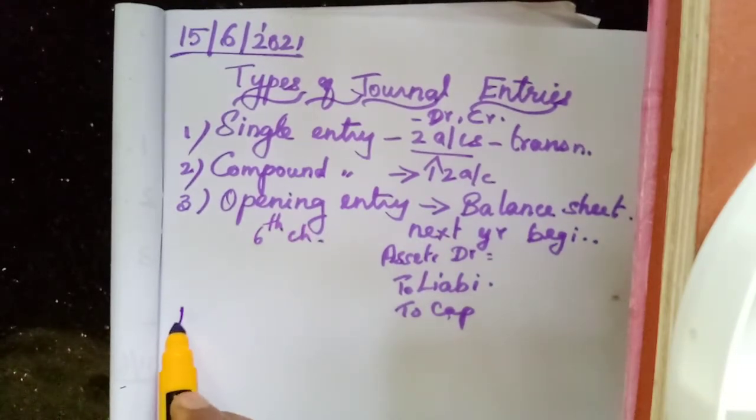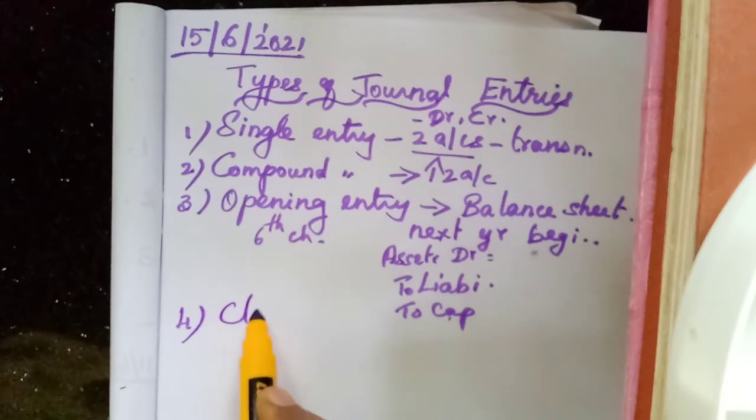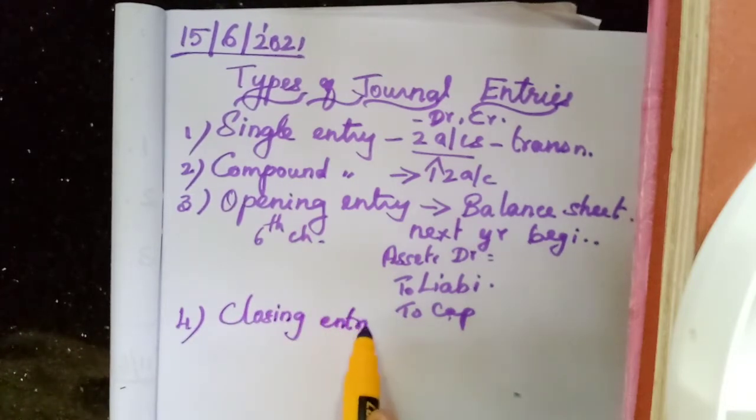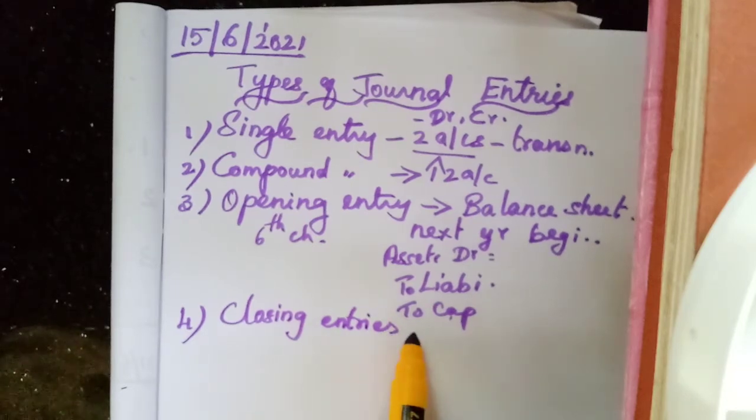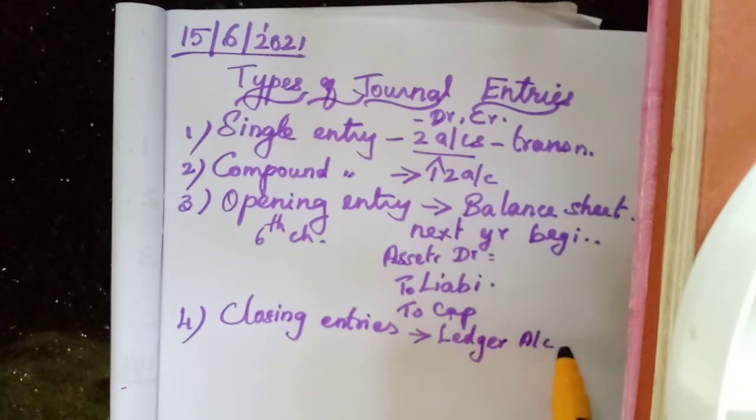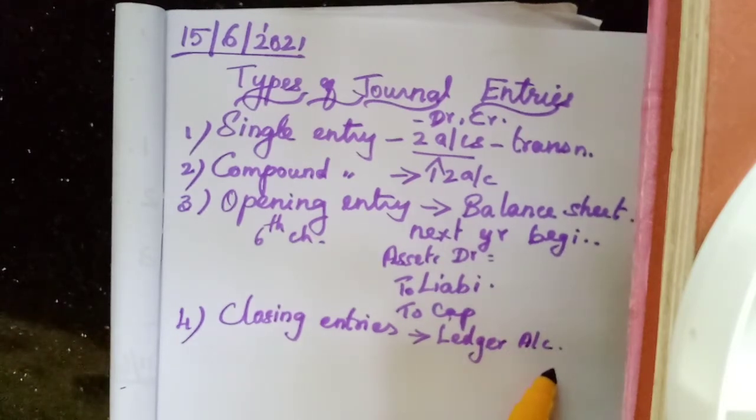And what is the opposite of opening entry? Closing entries. Here in closing entries, what we have to prepare are all the ledger account balances, for example the nominal accounts.